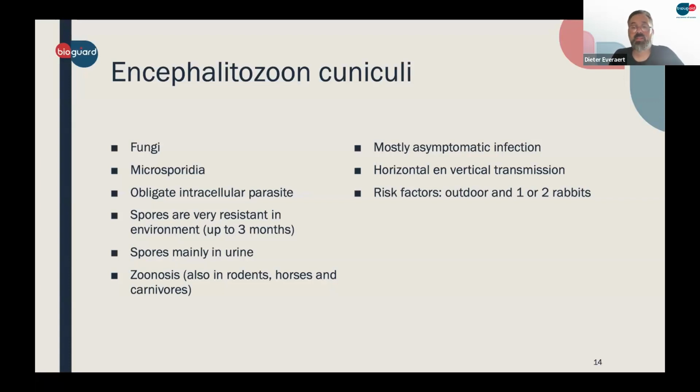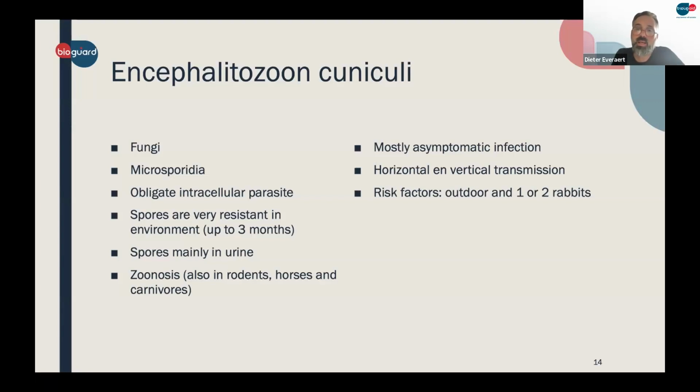So you definitely can't say by IgG that the rabbit has the head tilt at the moment because of E. cuniculi. Different when you do IgM, that goes up fast and comes down much faster. So if you have an IgM positive rabbit, it means that there's an active infection.